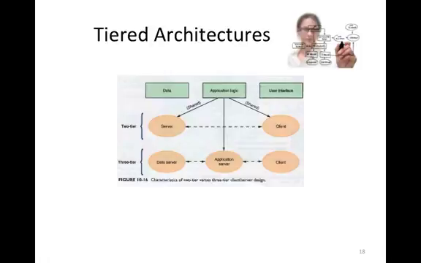Here's another view of a tiered architecture. I have application logic, I have servers, I have data servers, I have hardware servers. So this is another N-tier. Whether I have two layers or three layers, it really depends on how I want to organize my data.